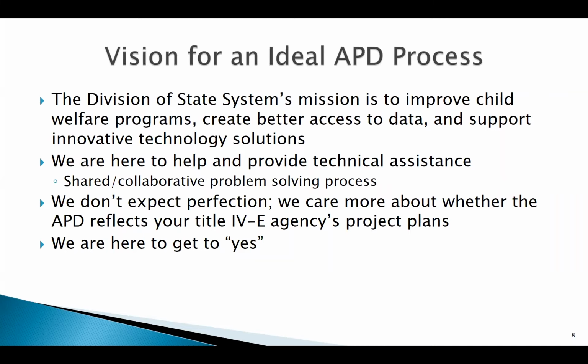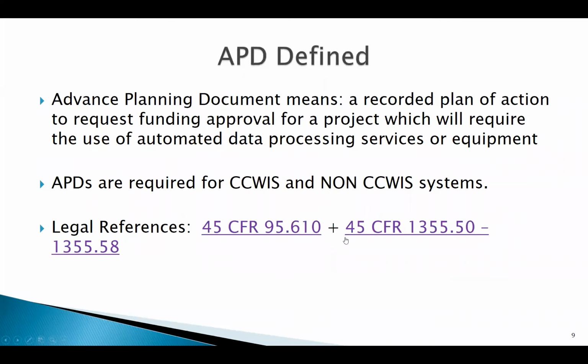We definitely want to have a shared collaborative problem-solving process with our states and tribes and districts. We truly do not expect perfection. We care more about whether the APD reflects your Title IV-E agency's project and plans, and truly our goal is to get to yes. So next slide, please.